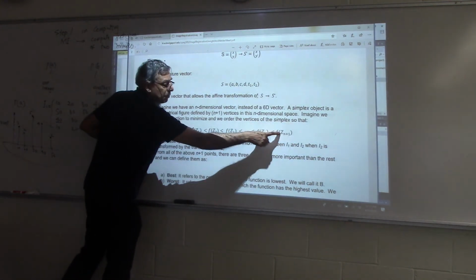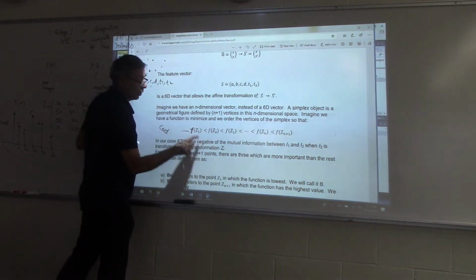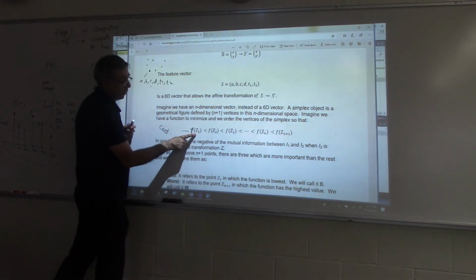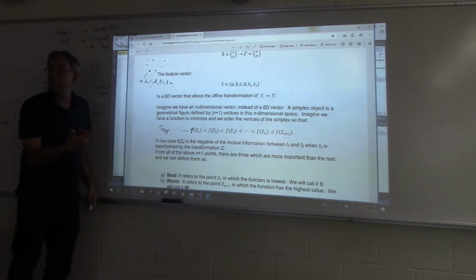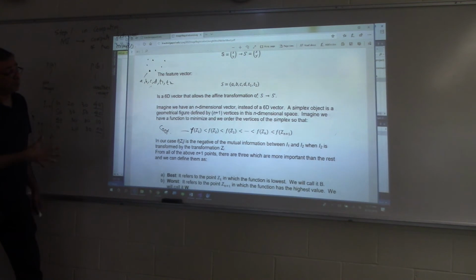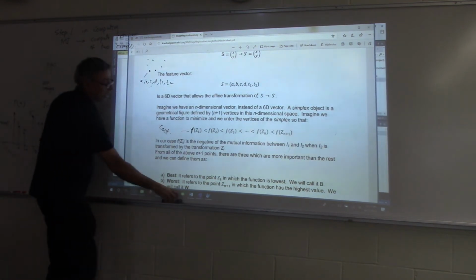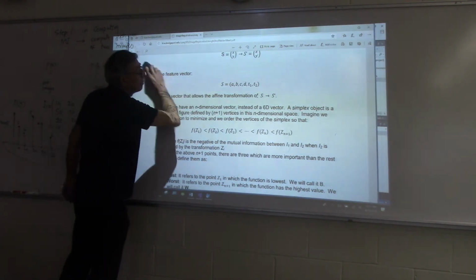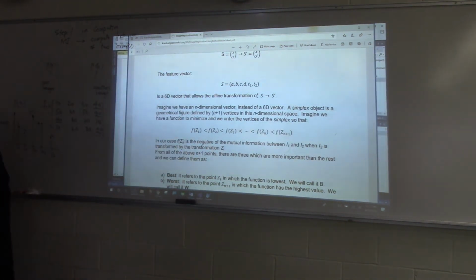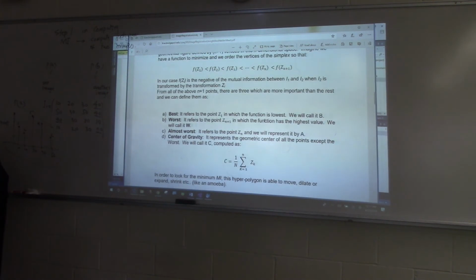So then we can have a best, second best, and worst. Then, like I said, we'll do a reflection on the worst. If it produces better answer, we'll do an expansion, which is double reflection, and so on, right? So the final algorithm, in 2 more minutes, looks like this.